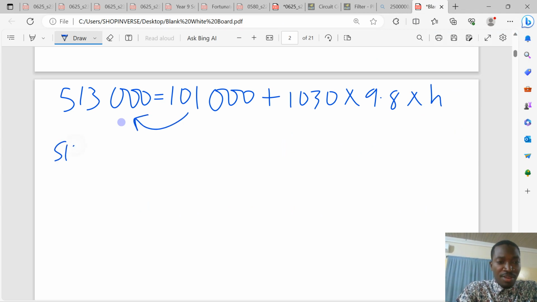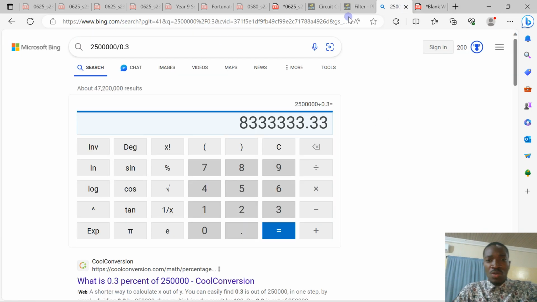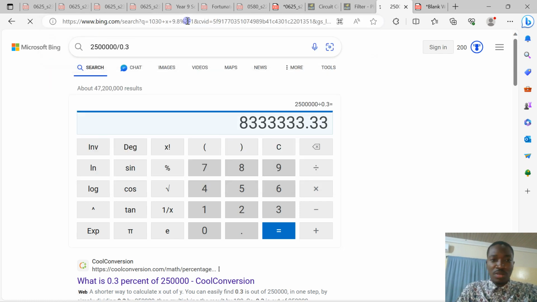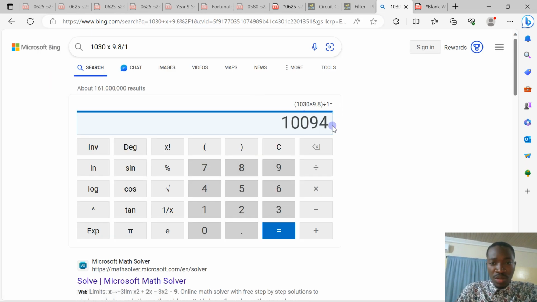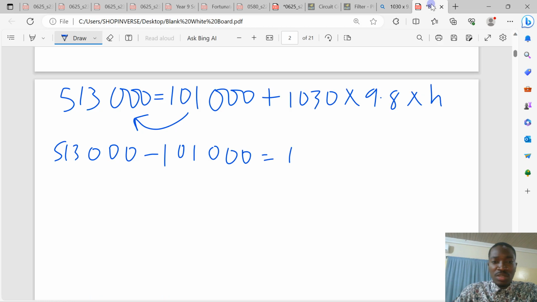So I have 513,000 minus 101,000 equals, now I multiply these two, 1030 multiplied by 9.8. 1030 multiplied by 9.8 gives us 10,094.